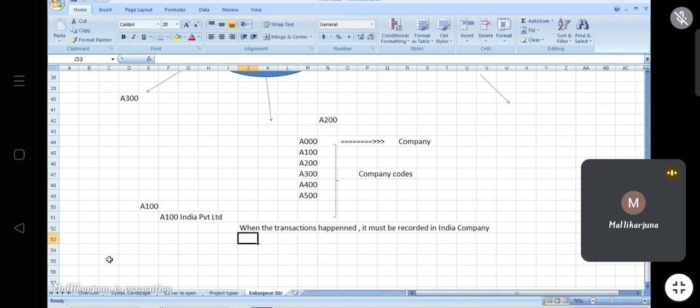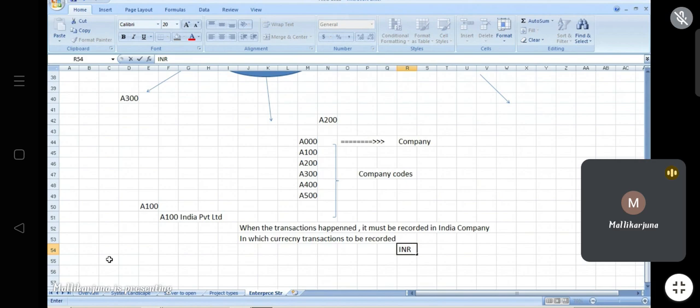In which currency are the transactions to be recorded? That is INR, the Indian currency, since this company is in India.